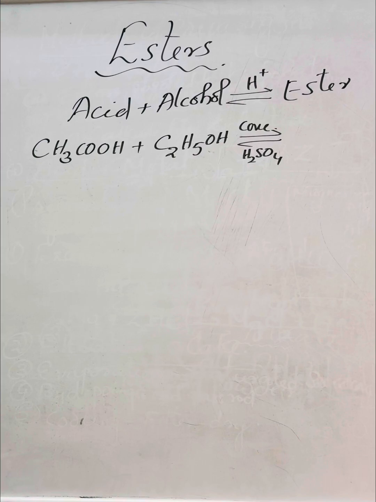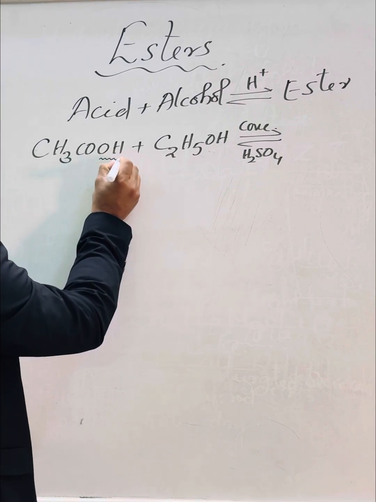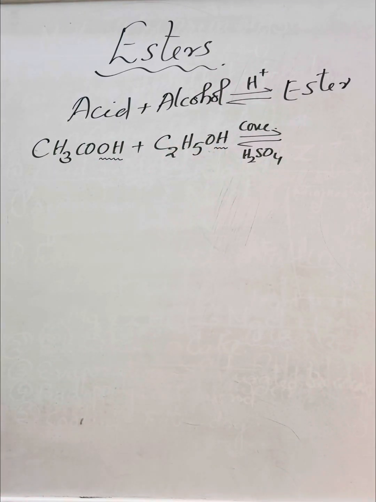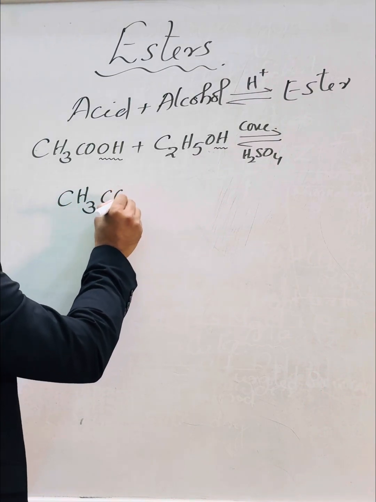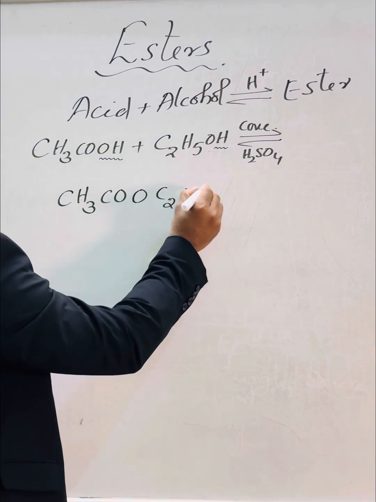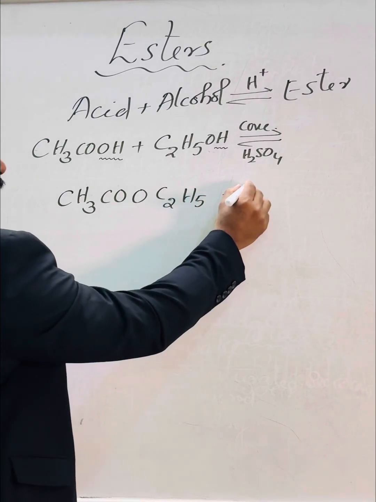What will you get? You will get an ester. Look at this case: this OH and this H form water. So the product you get is CH3COOC2H5. This is the ester, plus water.